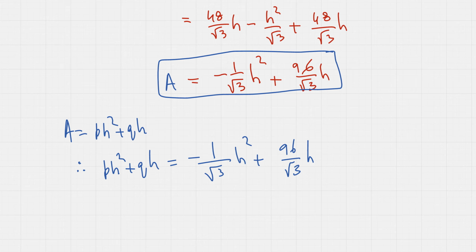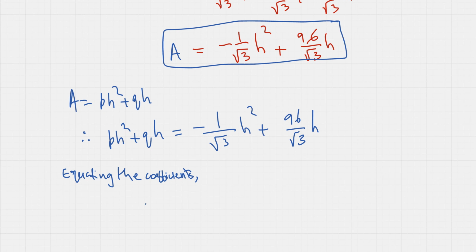Equating the coefficients, we can say P is equal to minus 1 over root 3 and Q is equal to 96 over root 3.